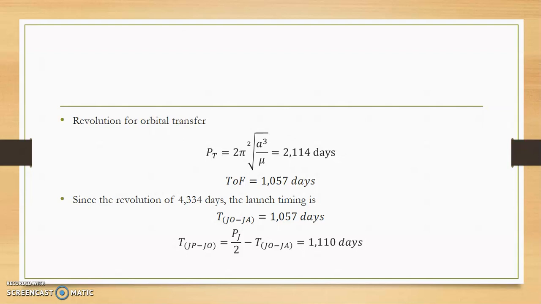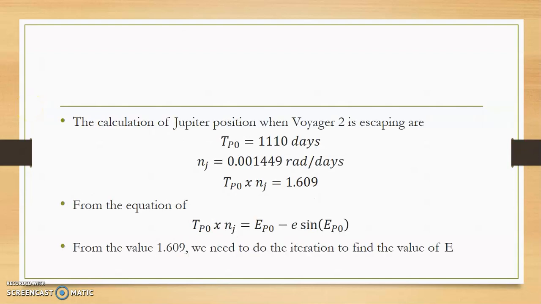And since the revolution of Jupiter is 4,334 days, the launch timing is TGO, and TGA equals 1,057 days, and the TGP, TGO equals 1,110 days.